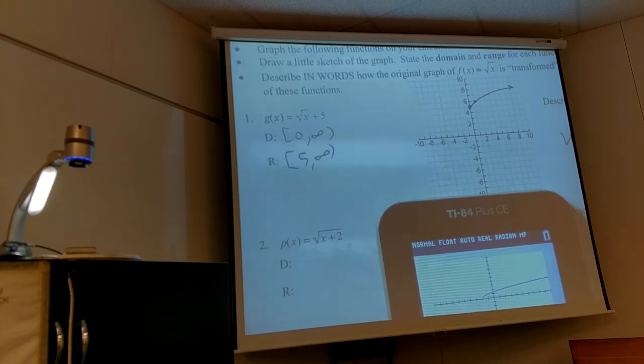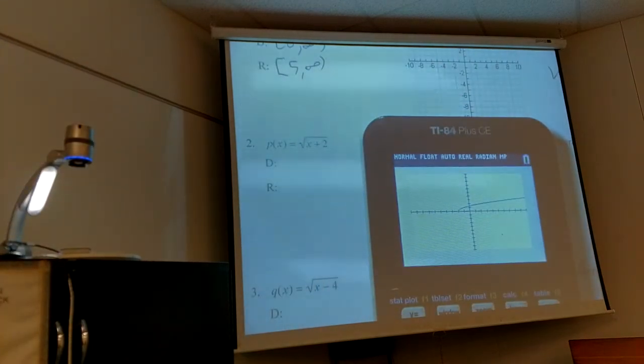Now think about this. Why did this thing move back 2 when it's a +2 there? This is what students hate, but it only makes sense, though. All of the numbers I plug in can be 2 less than before, because what's the first thing I do to them? Add 2 to them. So that's why the whole thing moves back 2.